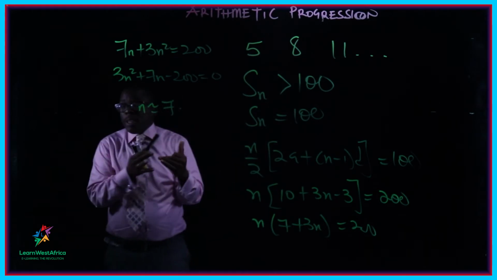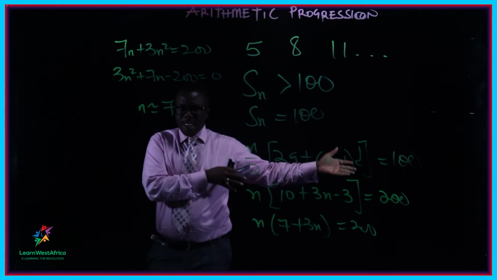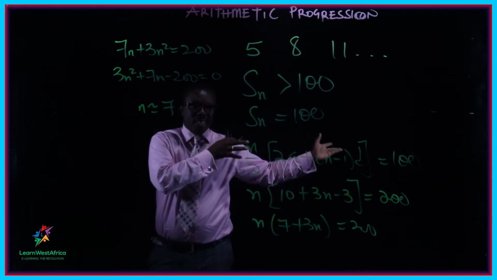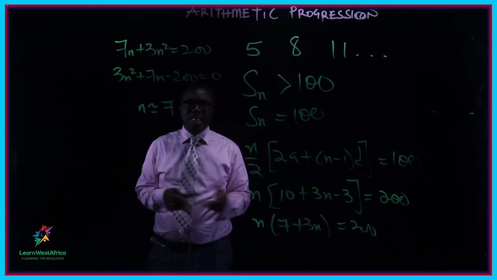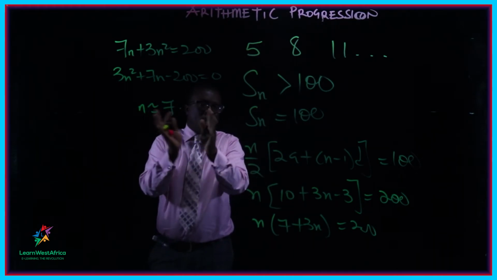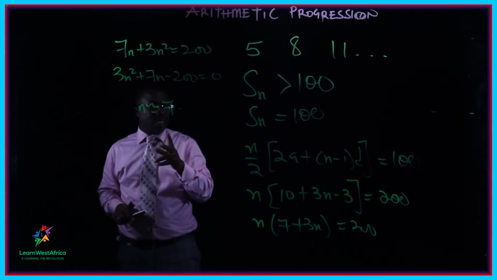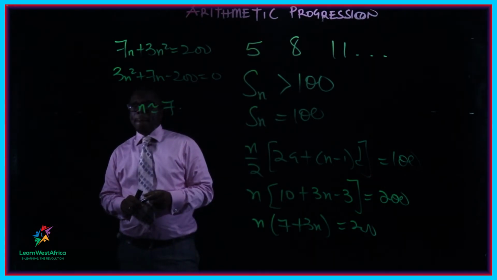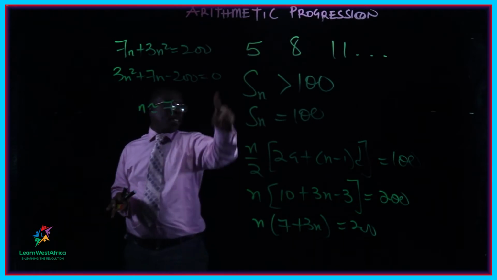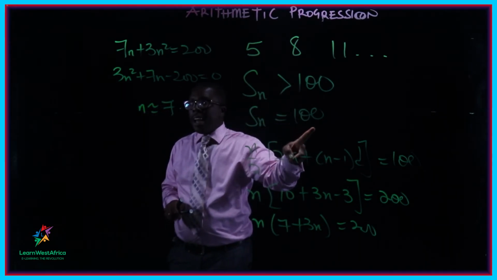So since we are interested in the number of days, we cannot use a negative, because you can't say negative x days. That's absurd. So we stick to the positive value. Our n will be approximately 7.0, which means our n is 7, which means that in 7 days, he should be able to get 100, because that's how we set up the equation. The number of days that it will take him to get 100 will be that.